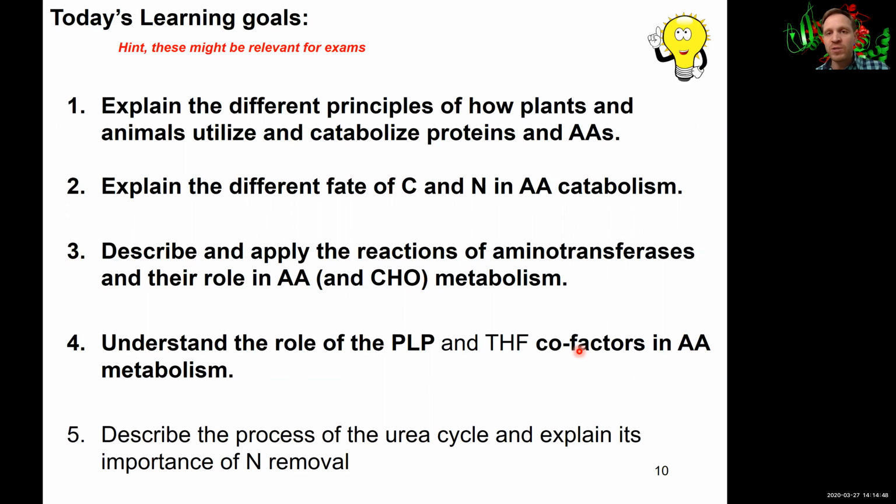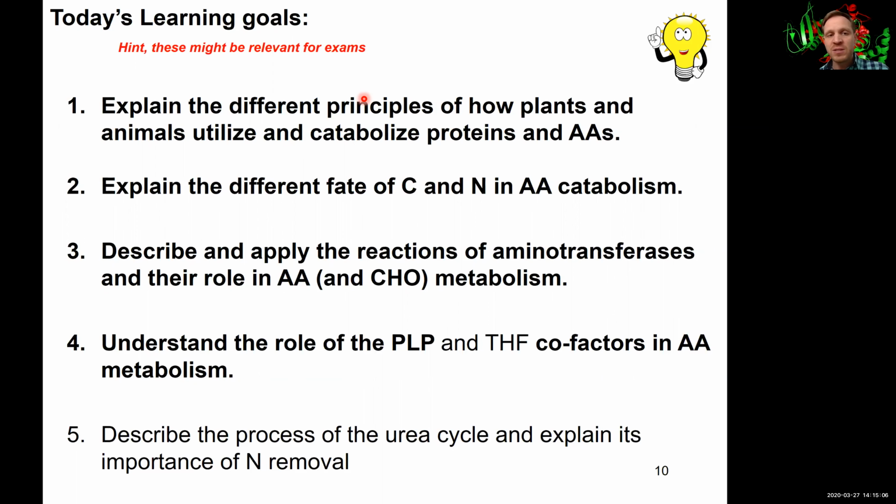As for our learning goals, we had started in the first video to look at the general principles and concepts of how proteins and amino acids are used in plants and animals. We had started to look at the different metabolic fates of carbon and nitrogen in amino acid breakdown reactions.